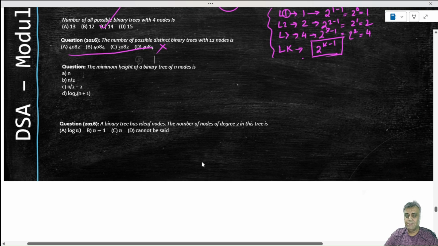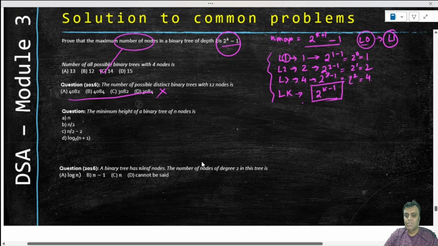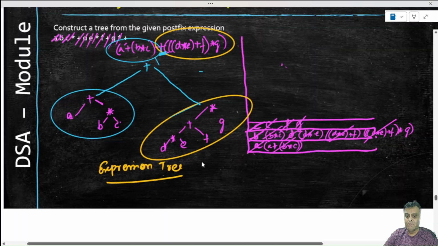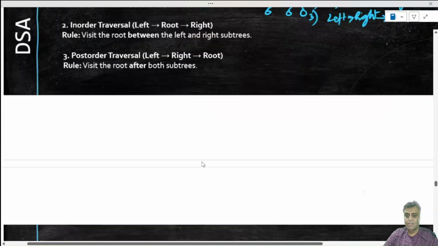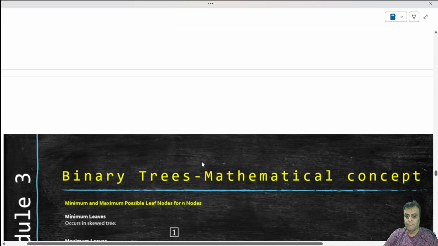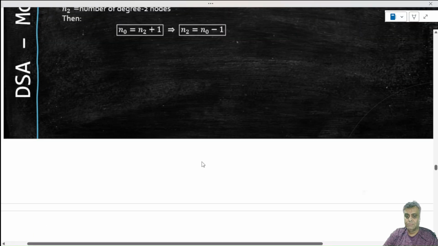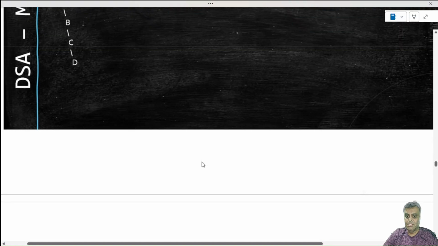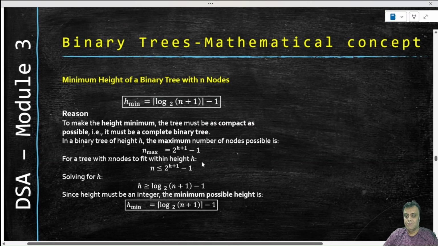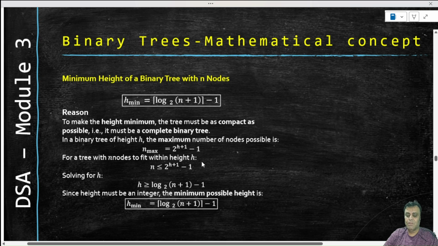Now next is the minimum height of a binary tree of n nodes. What is the minimum height that we had asked? Minimum height is also something that we had calculated. Let us go back and check what is the minimum height calculation. Where are we? Degrees, okay, skewed binary tree, and the minimum height. So the minimum height is our log base 2 of n plus 1 minus 1.